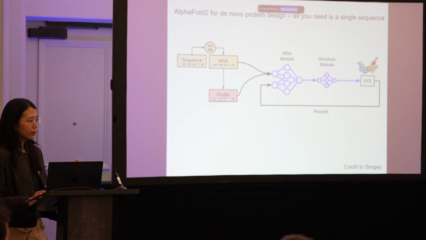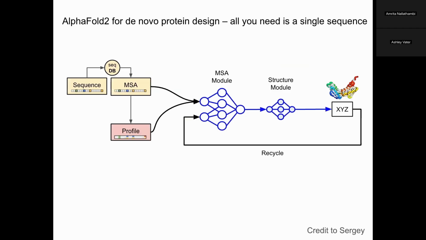The really cool thing about AlphaFold is that for a de novo protein, which doesn't have any MSA or evolutionary information, it can predict the structure from one single sequence. You can give a single sequence to construct a profile and input it into the MSA module, and you can get a highly confident structure for the de novo sequence.